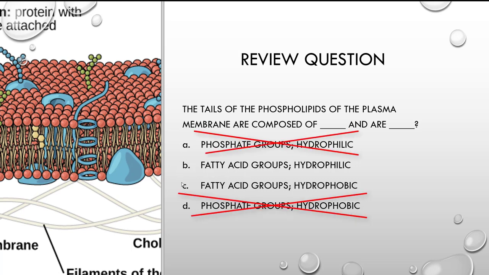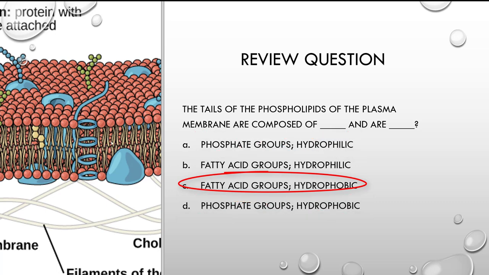So it's either B or C. And are fatty acids hydrophobic or hydrophilic? If you chose hydrophobic, I would agree with you. Remember, lipids are non-polar, they're hydrophobic. They don't want to interact with water because they're not polar. So the correct answer would be C.